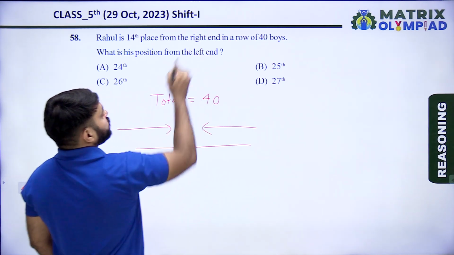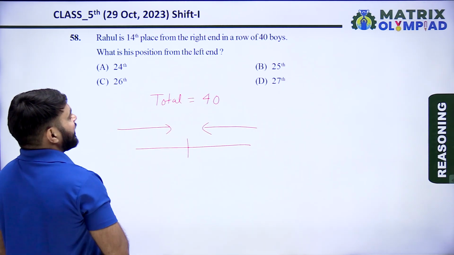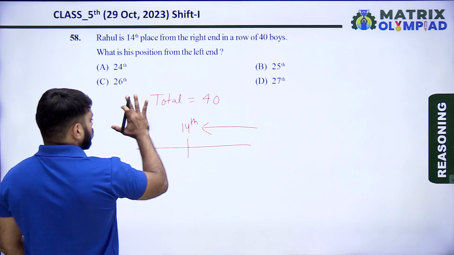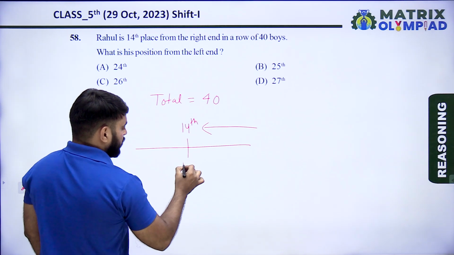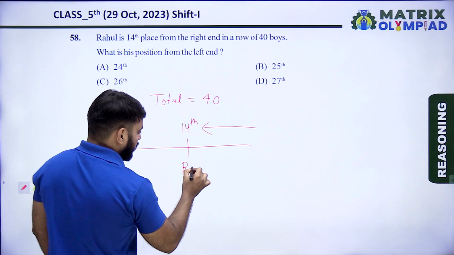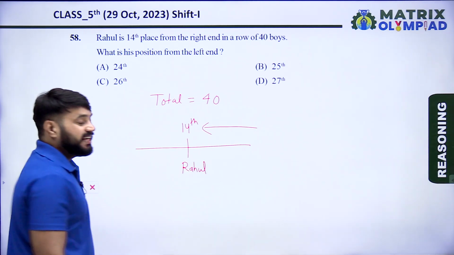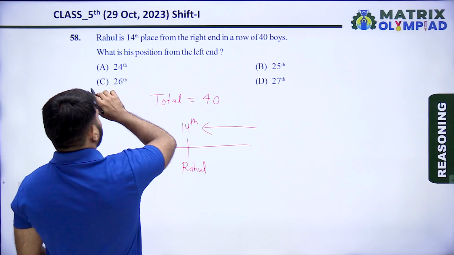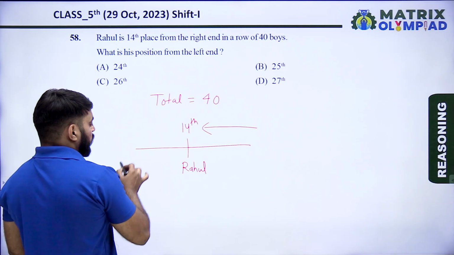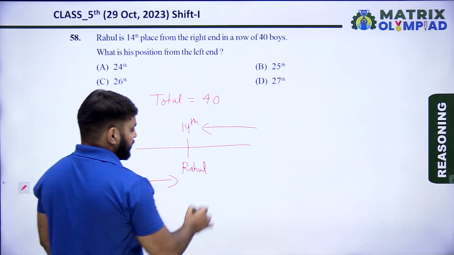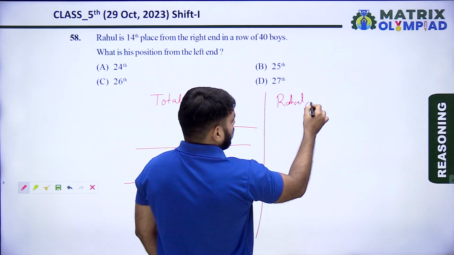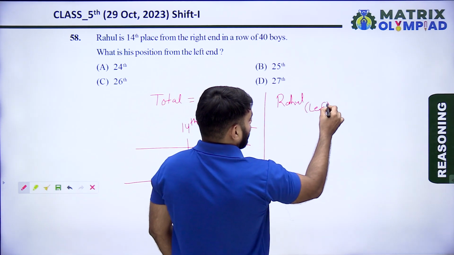So Rahul's position from the right is 14. Now find the position of Rahul from the left end.